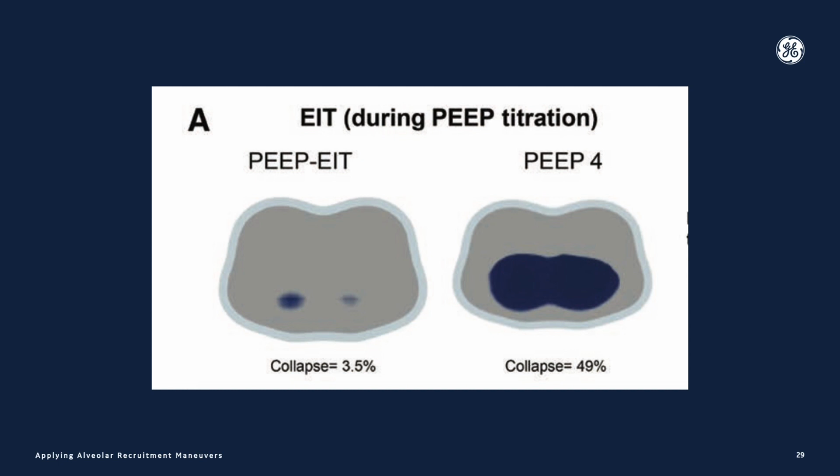You can see in these tomograms, with the blue reflecting atelectasis and the gray reflecting inflated alveoli within the thorax, that the PEEP EIT group had about a 3.5% collapse with just very minor amounts of atelectasis occurring in the ventral regions of the lung. As opposed to the PEEP 4 group, where there is a significant amount of collapse, here 49% as measured during the study during PEEP of 4 ventilation.